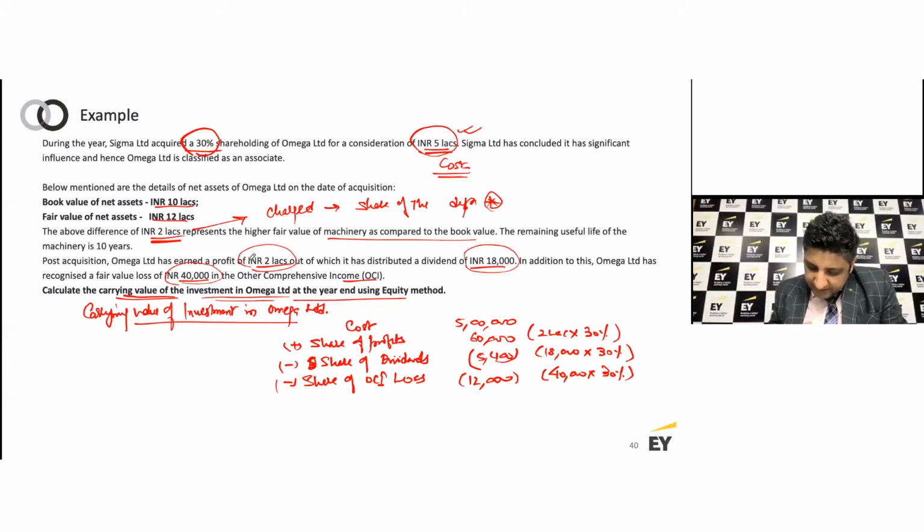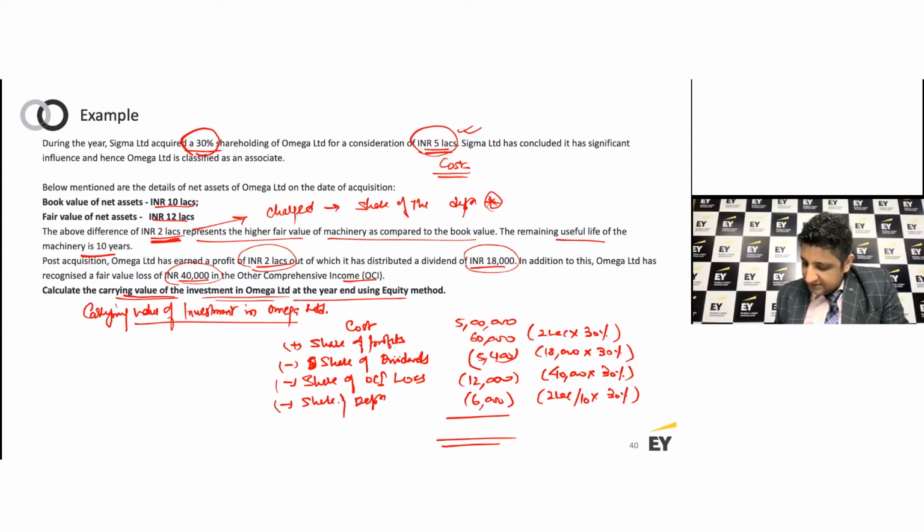Now, when you look at this fair value difference, for example, it would be 2 lakh rupees, but the life of the machine is 10 years. For the particular year, we would want to say the share of depreciation, which is 2 lakh divided by 10, and 30% pertains to you. That makes it 6,000.